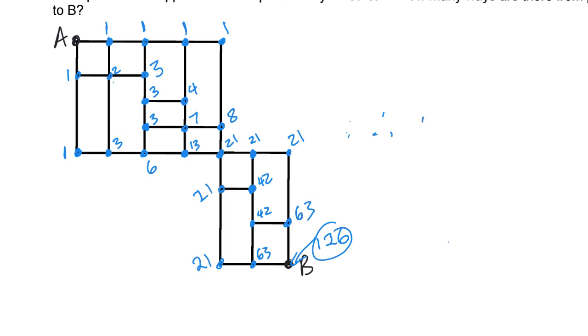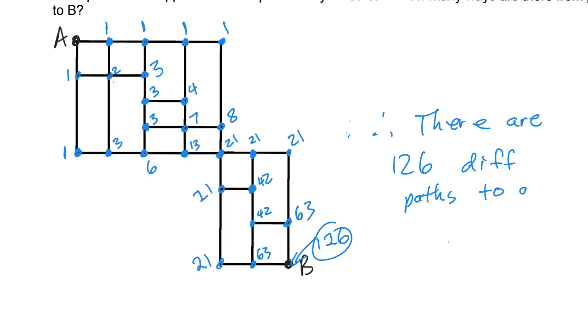Therefore, there are 126 different paths to get from point A to point B.